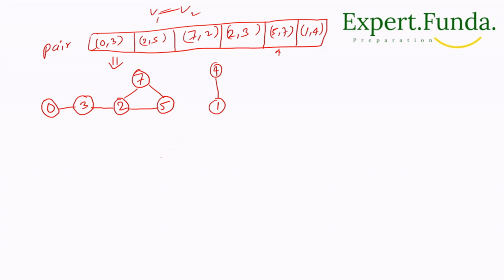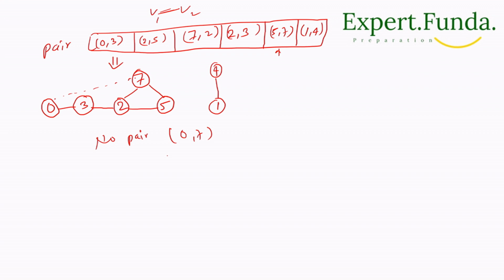There is no pair for 0, 7. There is no connection of 0, 7. So we'll say no pair we have for 0, 7, correct?